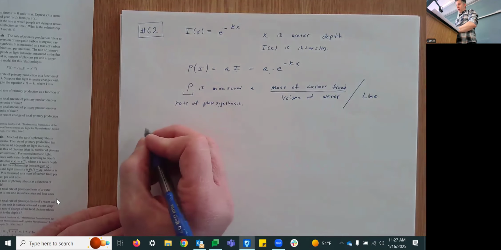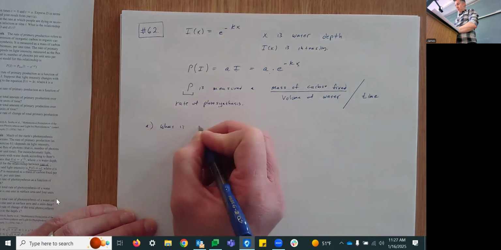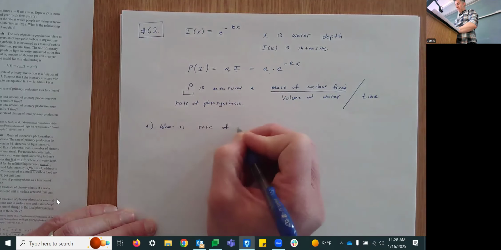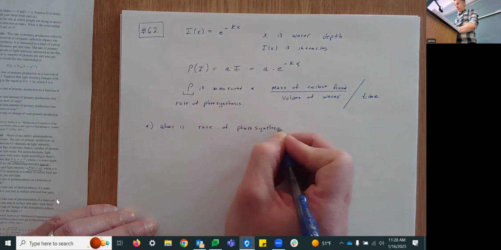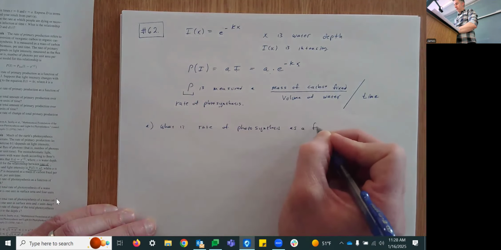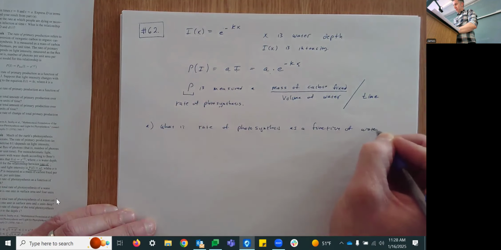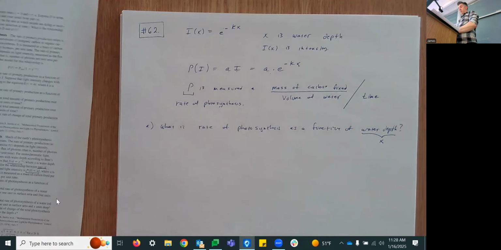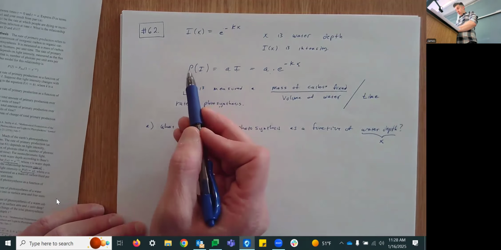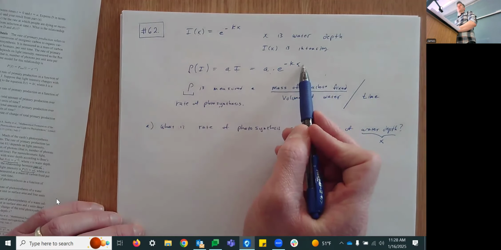Question A was, what is the rate of photosynthesis as a function of depth, which is just x. We've already done it. Cool.